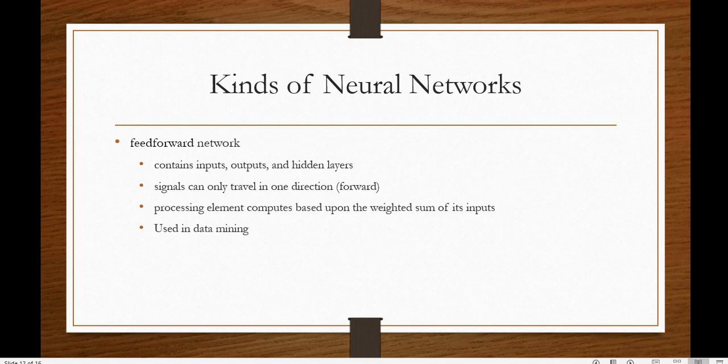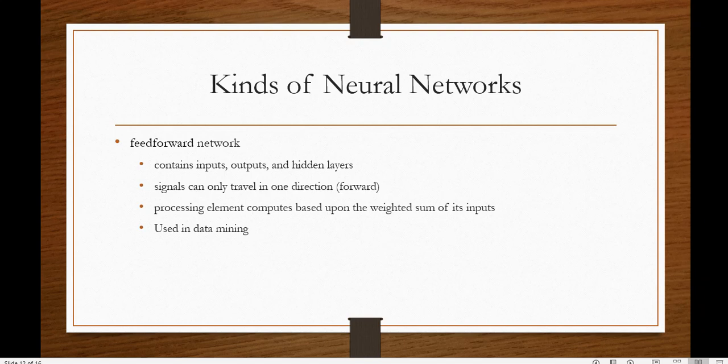It can be one, or it can be many hidden layers, and finally the output comes to the output layer, and after using an activation function, the output is generated. So that is the way this kind of neural network works, where the signal passes from input to hidden layer and hidden layer to output layer, not in the opposite direction.